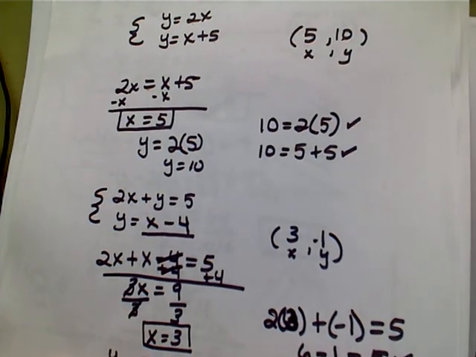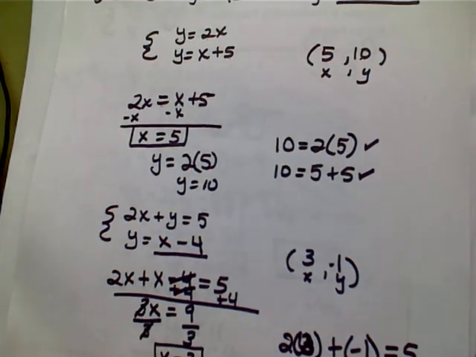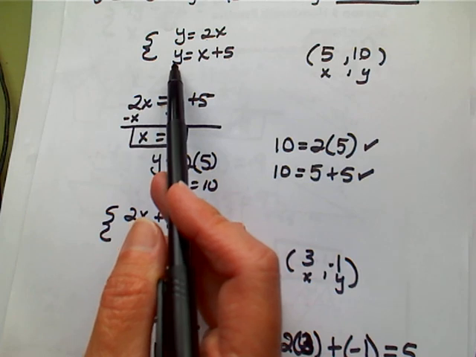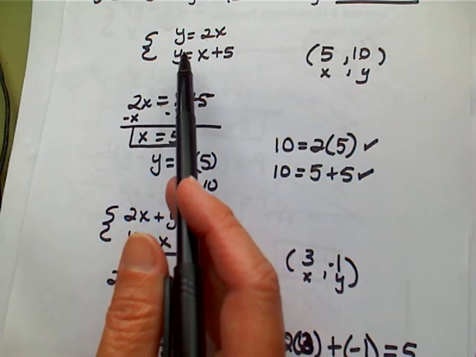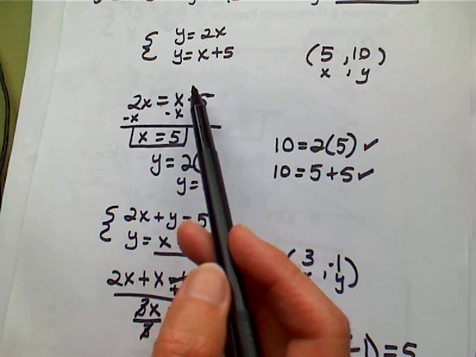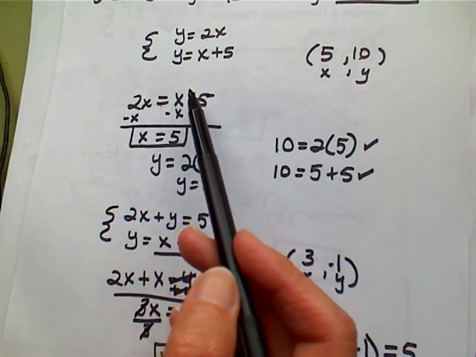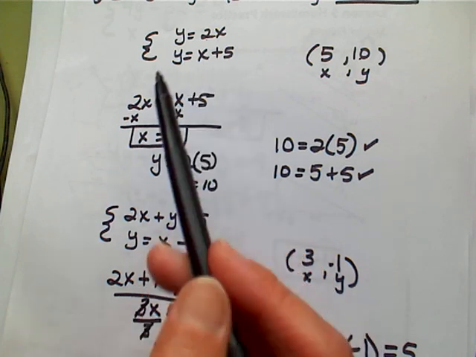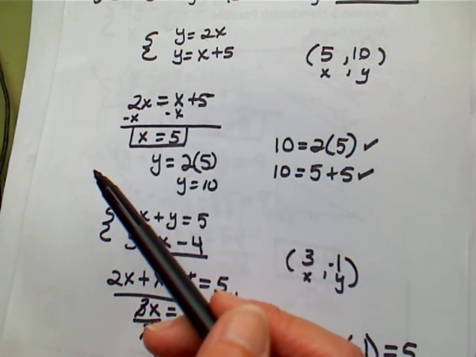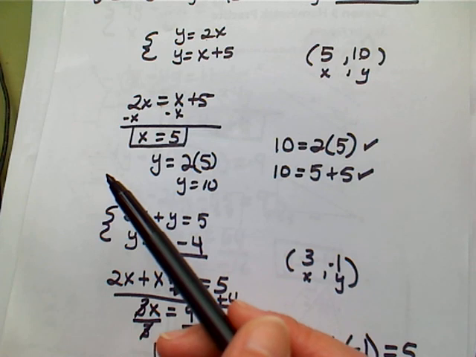Remember, to be successful in this, isolate the x or y first, step one, then substitute it into one of the original equations, find your value of the x or y, and then you take that value of your x or y and you go back into the second equation, and then you will solve for your other unknown variable.